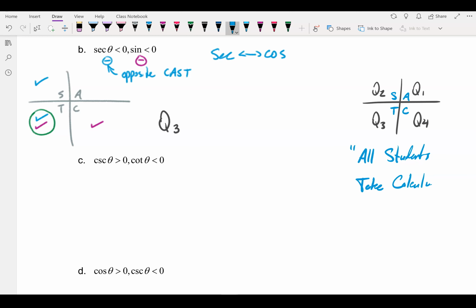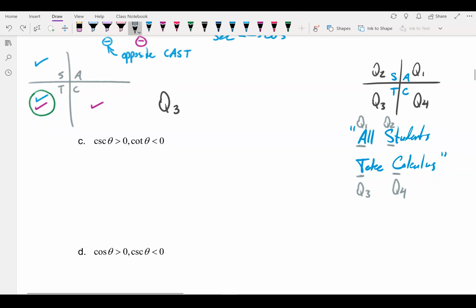Now that's not always true, but it's true in general cases. And then ASTC: quadrant 1, quadrant 2, quadrant 3, quadrant 4. A, S, T, C. So if you want something to remember that goes in the order of the quadrants, there you go. Let's do a couple more.